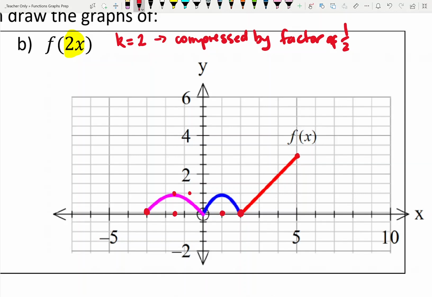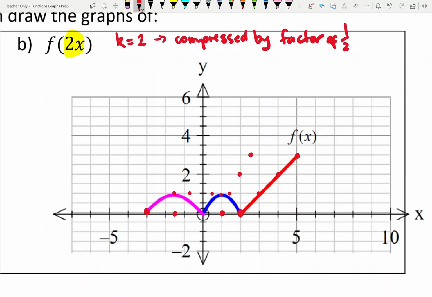This position of 5 is halved to 2.5. This position here where x is 4 is halved to 2, and this position here at 3 is halved to 1.5. And one more, our maximum here at 1 is halved to a half.